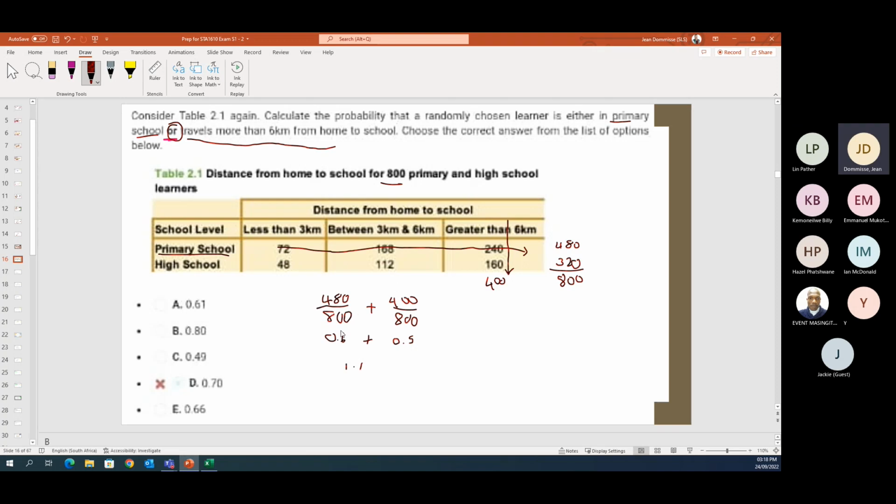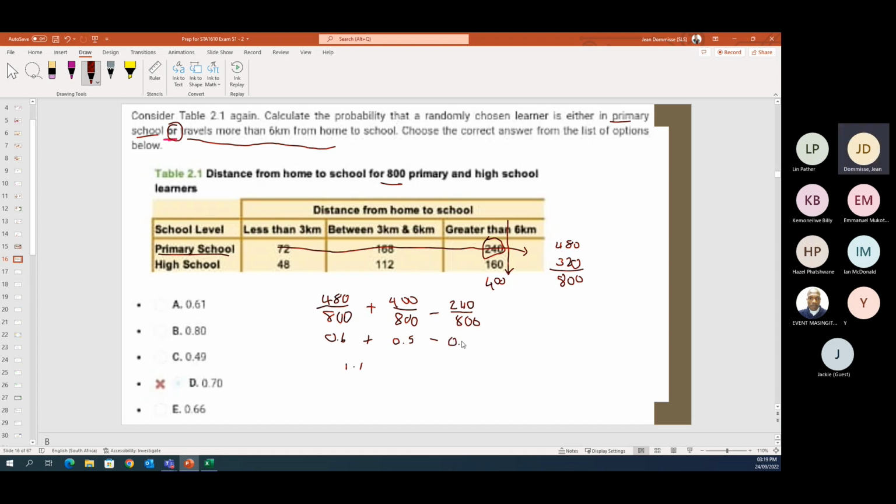Okay, so what we are counting in both of these two is that 240. So we're counting it in the primary school part, and we're counting it in the greater than 6 kilometers from school. And that we're not allowed to do. So we still need to subtract one of those 240s from the equation. Luckily 1.1 wasn't in one of the answers, because then one could have made the easy mistake.